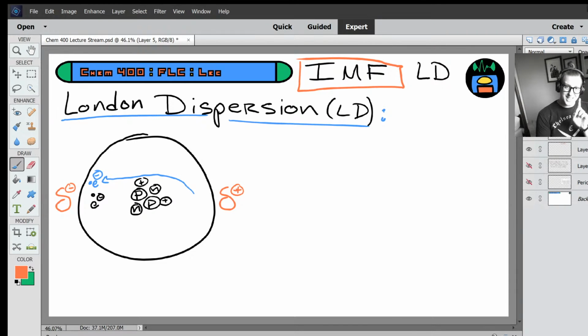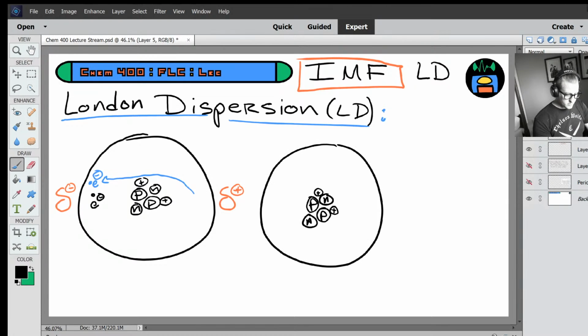I want you to think now about the effect that this partial negative and partial positive will have on the next helium atom, the helium atom this is closest to. Again, the two electrons here are just buzzing around, hanging out like it's no big deal.